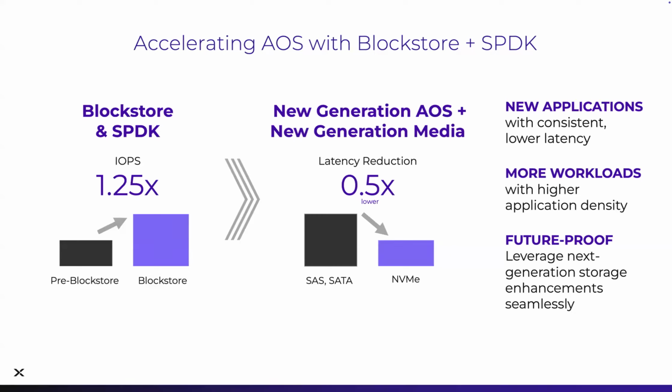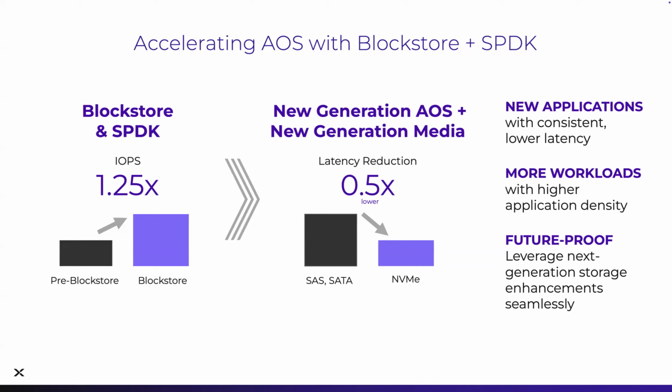So that's a pretty huge step forward in terms of performance. It opened up AOS to a slew of new applications, more workloads, more density, all of those kinds of things, and all of this delivered directly to customers through software.